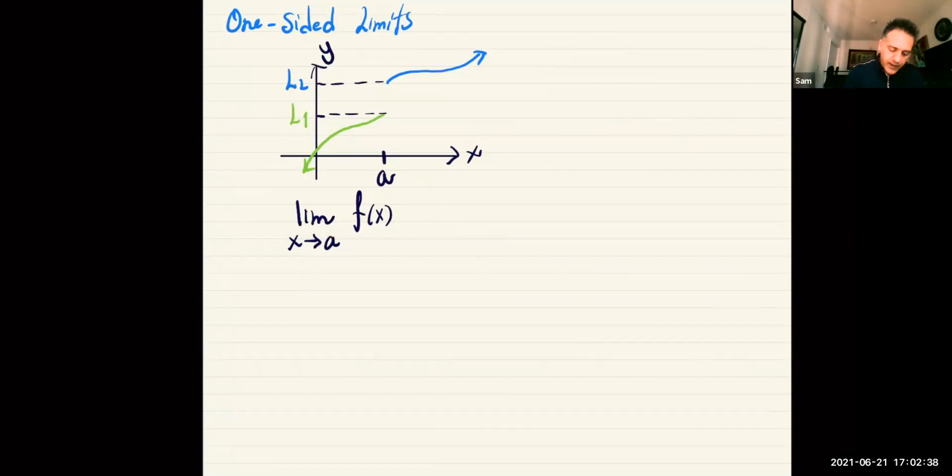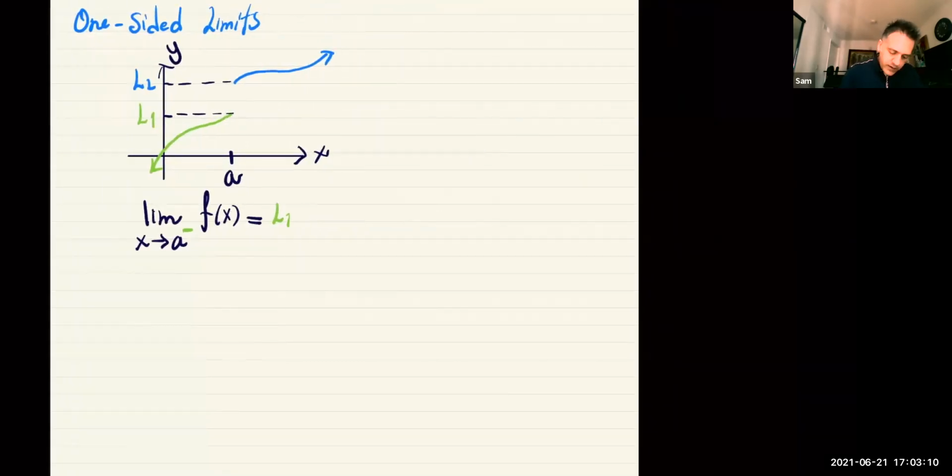That reads as x going to A from the left. Okay? Now, that negative notation is not a quantity. It doesn't really mean negative. It means left. Okay? Just make sure you understand that. So this limit is equal to L1.